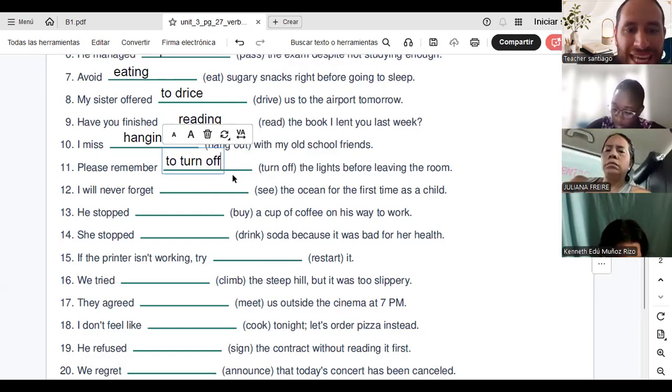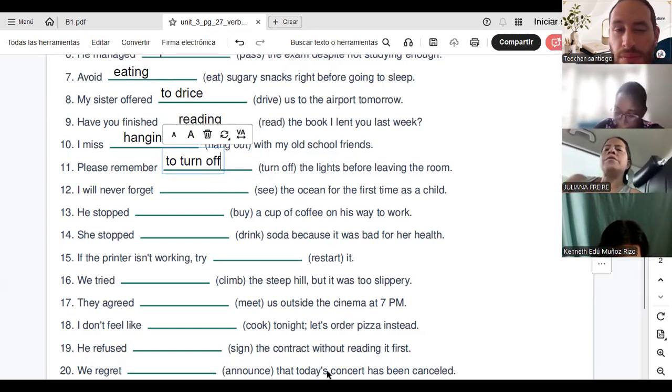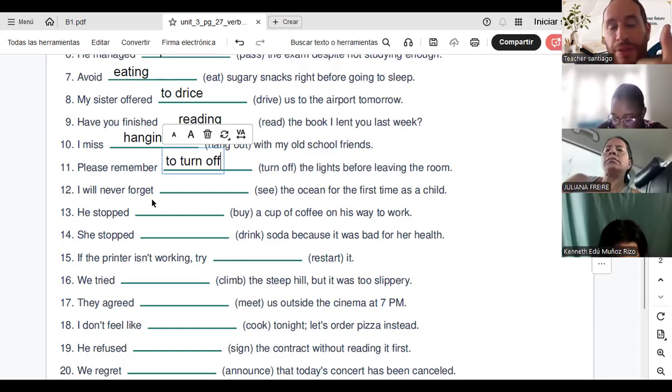Juliana, I will never forget. I will never forget to see the ocean for the first time as a child. You said it as remember. Hagan de cuenta que es lo mismo que remember, solo que en vez de recordar es olvidar. So, when infinitive, you forget to do something.